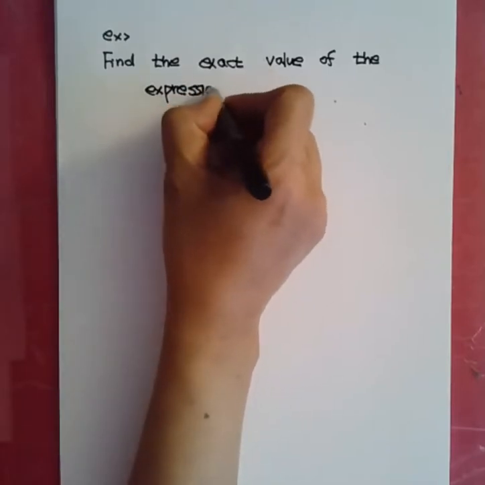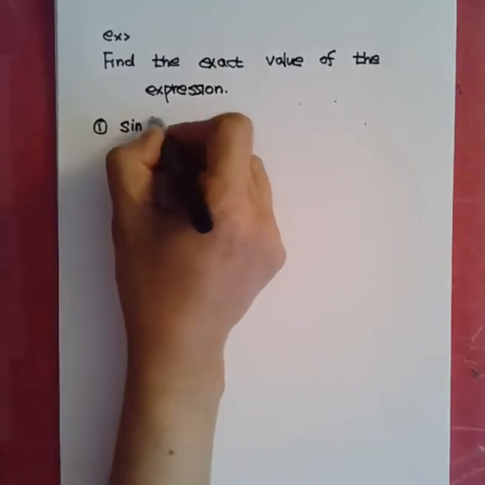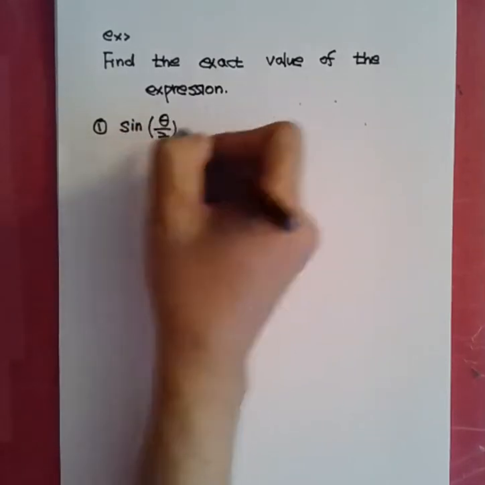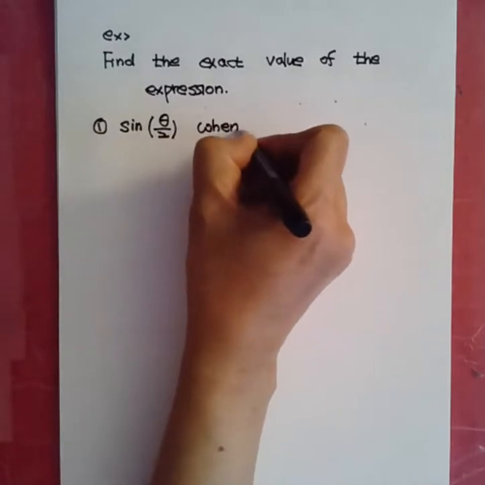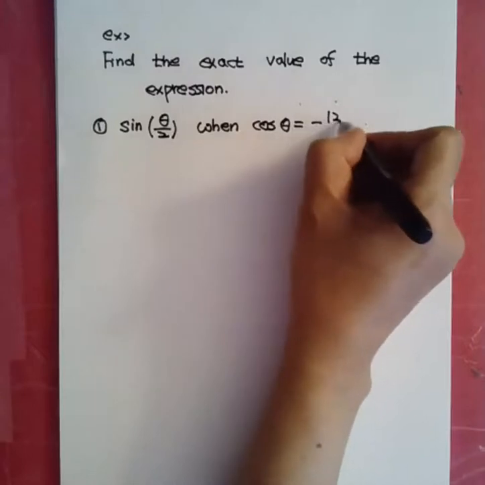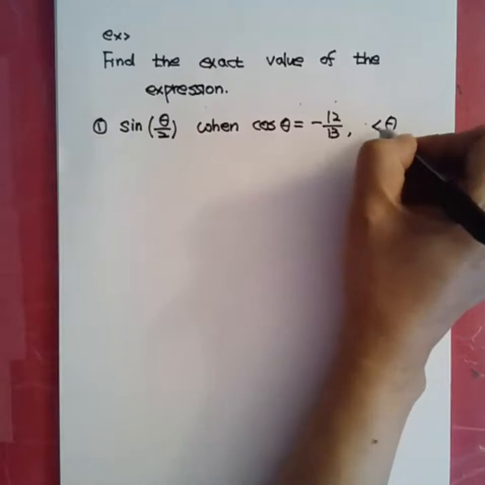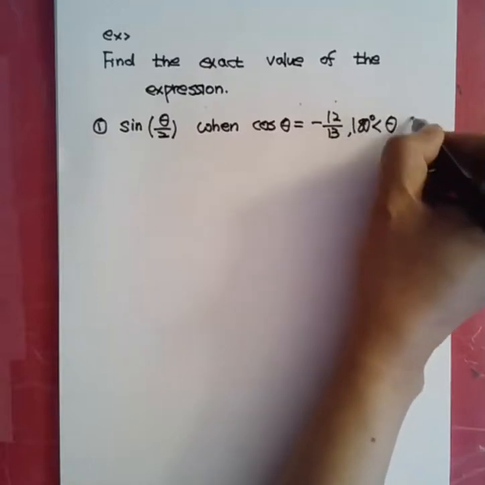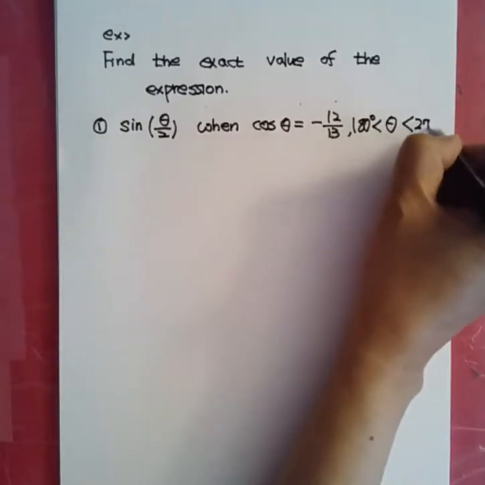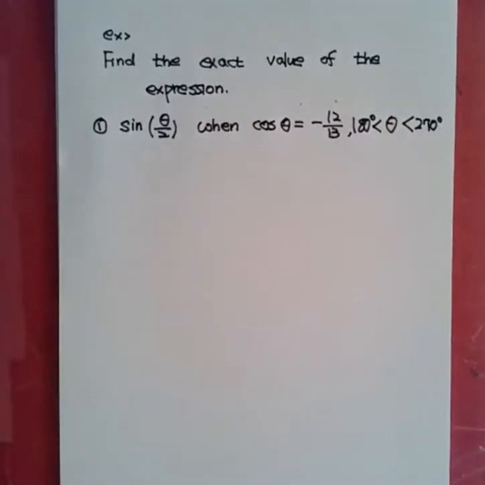The first one is sine of theta over 2, when cosine of theta equals minus 12 over 13 and theta is between 180 degrees and 270 degrees. We have to use the formula, not the calculator.